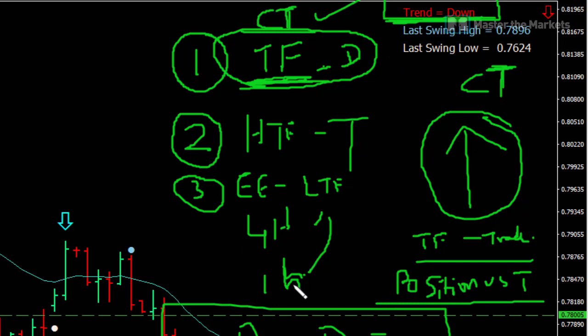Once you have entered on the 4 hour or 1 hour, then you can revert back to the daily and manage the trade on the daily. That's another way of doing it as well. All right, all this you have to align with your concept and the objective of your strategy as well. Okay, so that's that on how to trade counter trend.